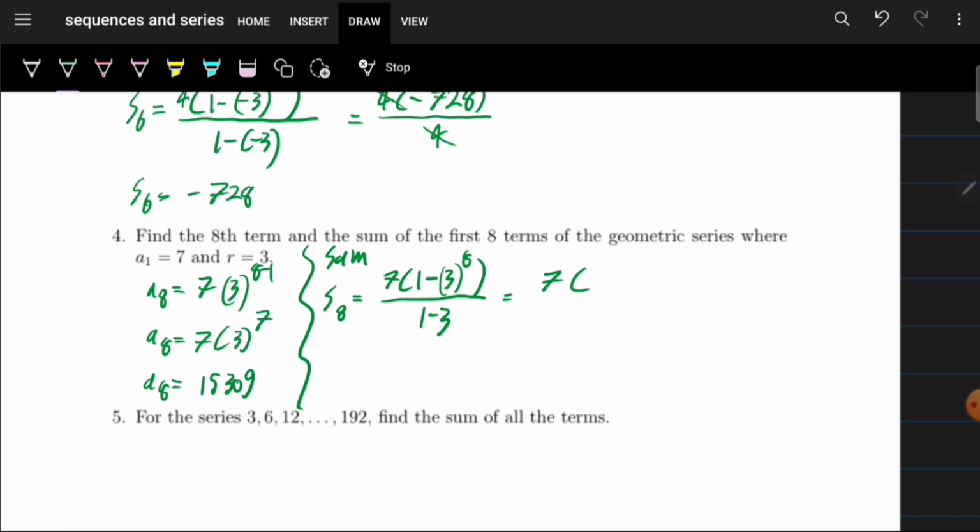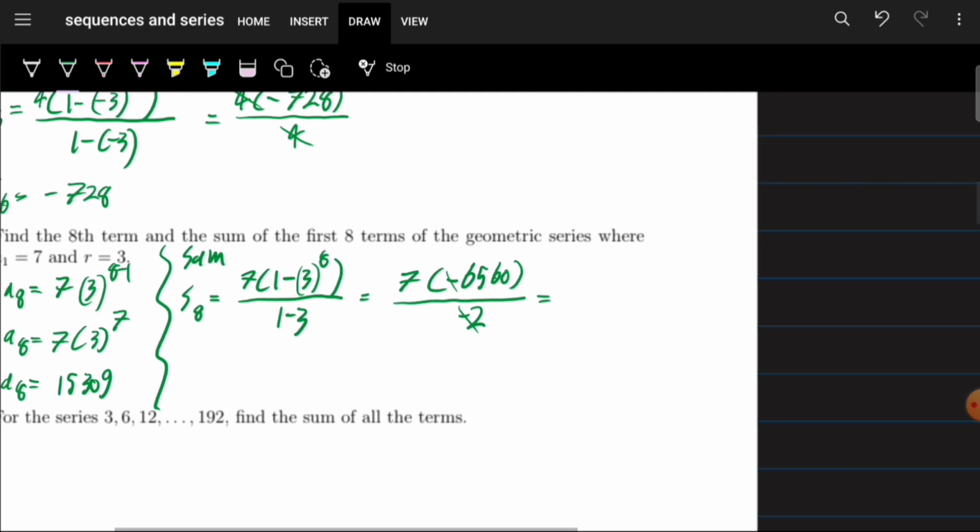So 3 to the power of 8. Okay, and then 1 minus that, so this comes out to negative 6,560 all over 1 minus 3, that's negative 2. Negatives cancel, and this will come out to, let's see, times 7 divided by 2. This will come out to 22,960 for the sum.